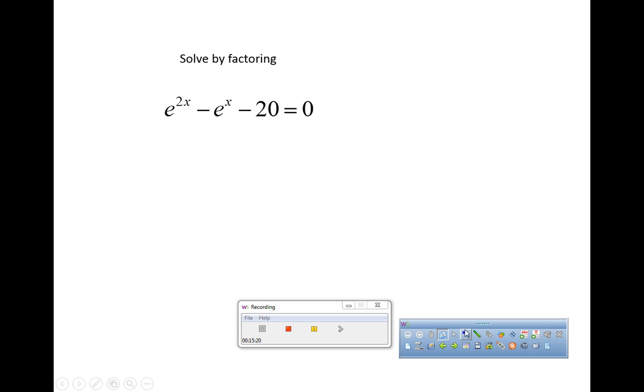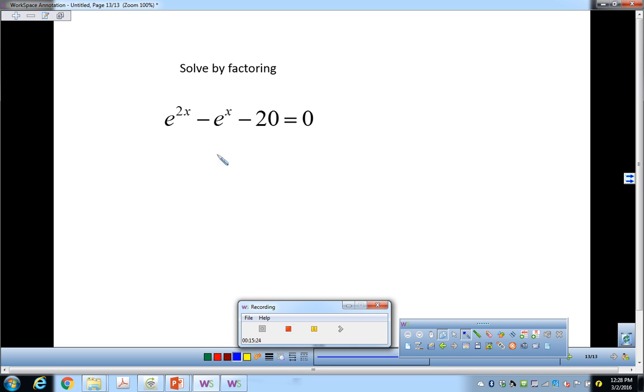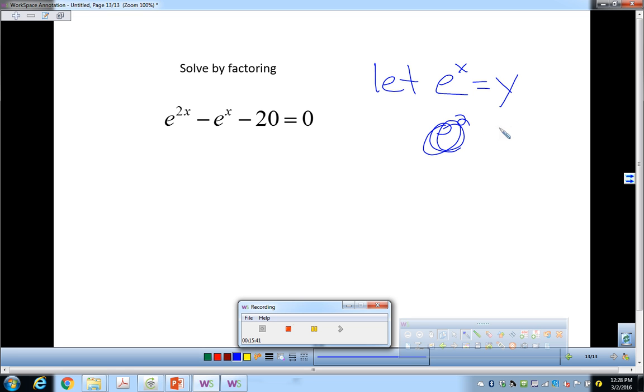See how this kind of looks like a quadratic equation? Here we go. Let e to the x equal y. That means that e to the 2x, or y squared, what would y squared be? What's e to the x times e to the x?